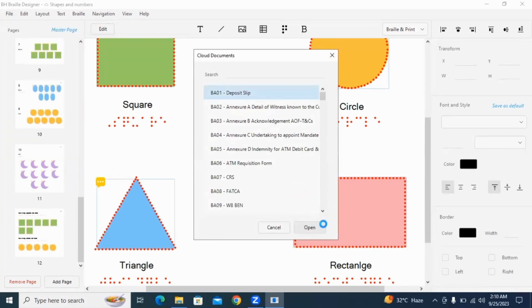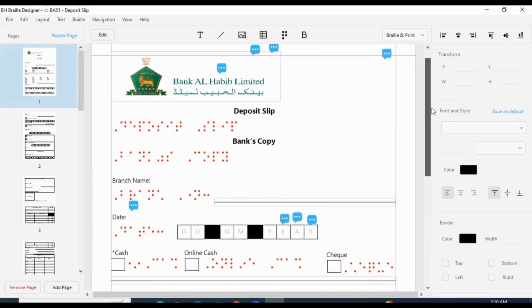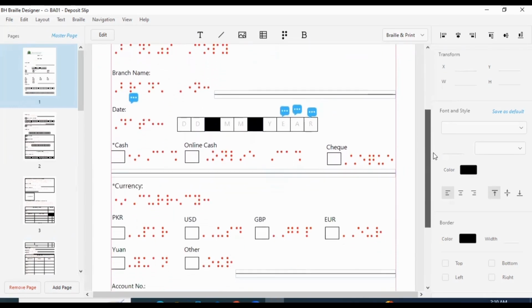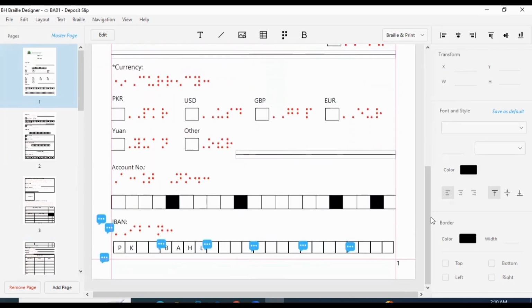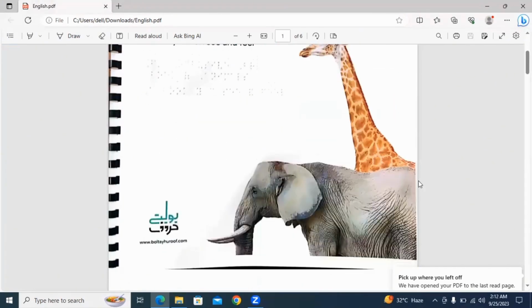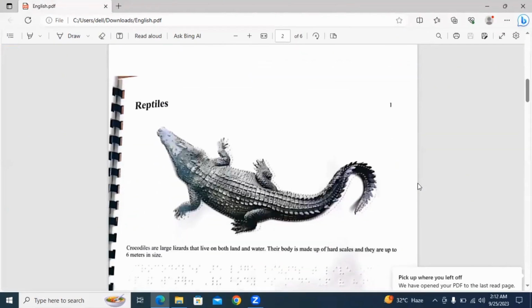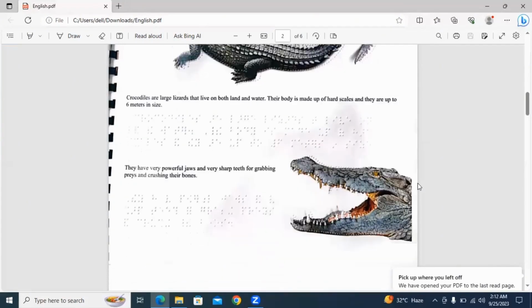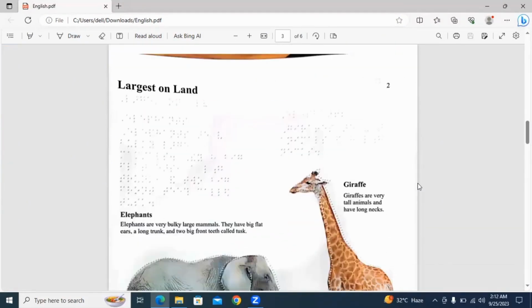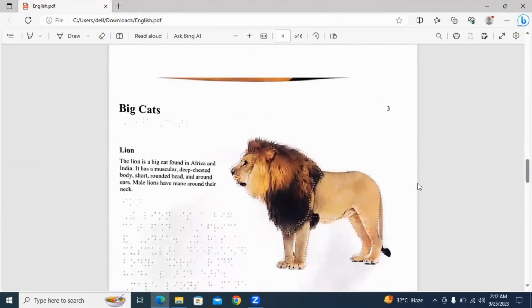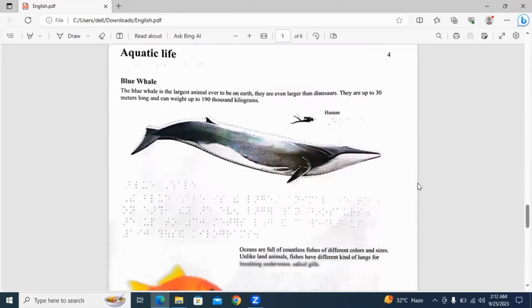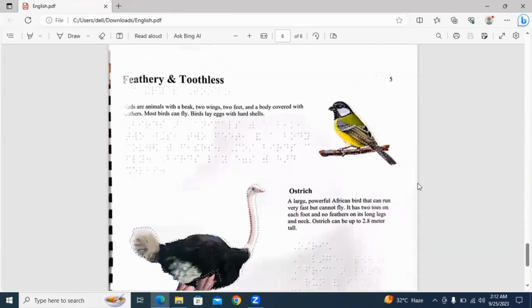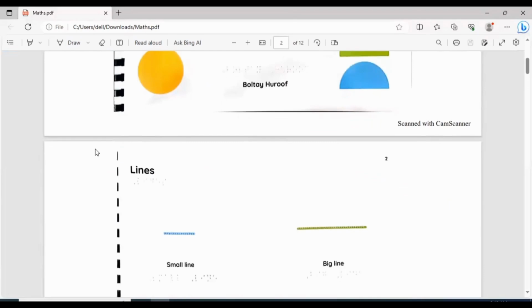Similarly, in this way we have designed the bank's deposit slip on our software. Now here is a sample of our beginning level English book with tactile graphics concept. Our beginning level math book.